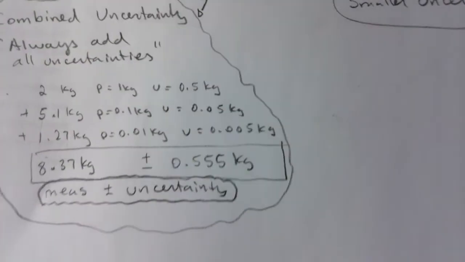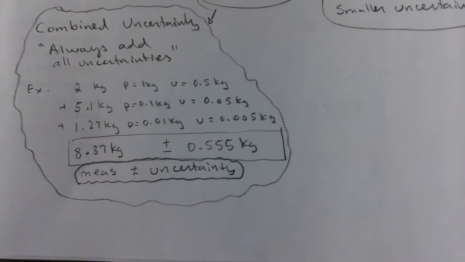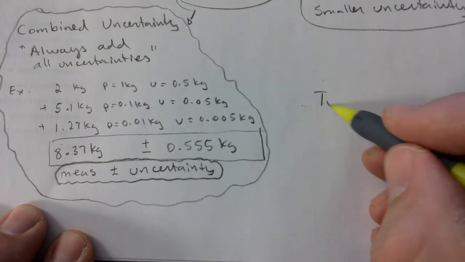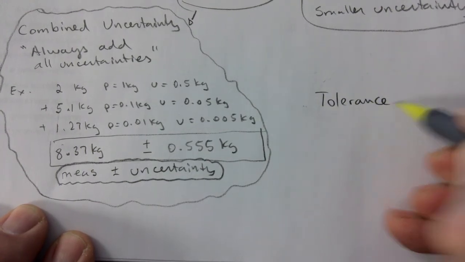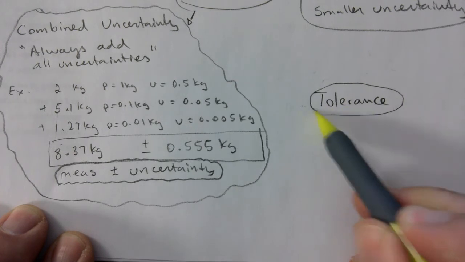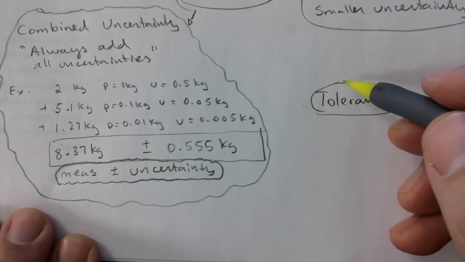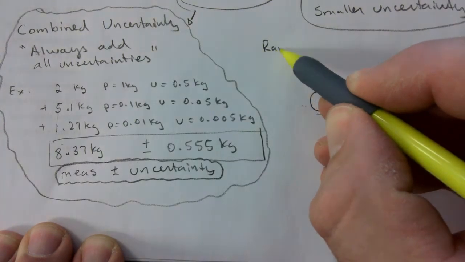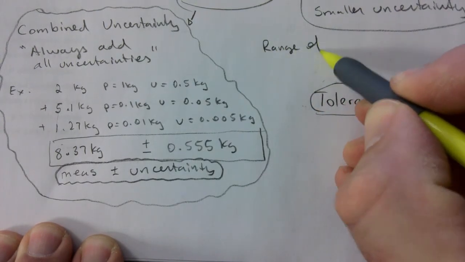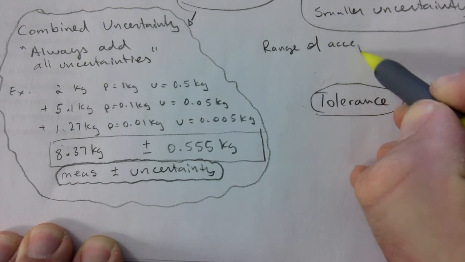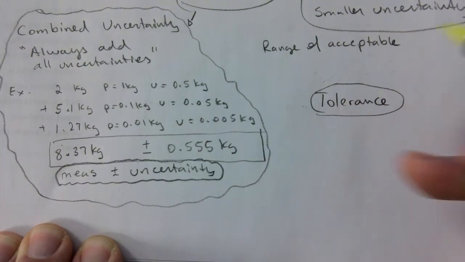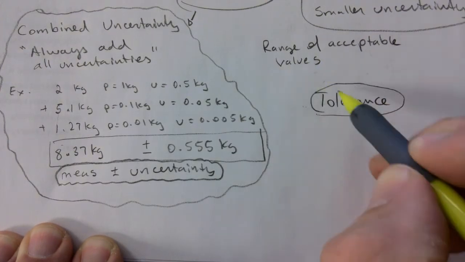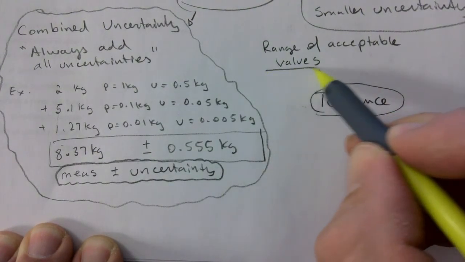You can zoom out a little bit for that, I think. Tolerance. And this is where we might run out of room, but I'll try my best. It's the range of acceptable values. That's our first, we need to have a definition.